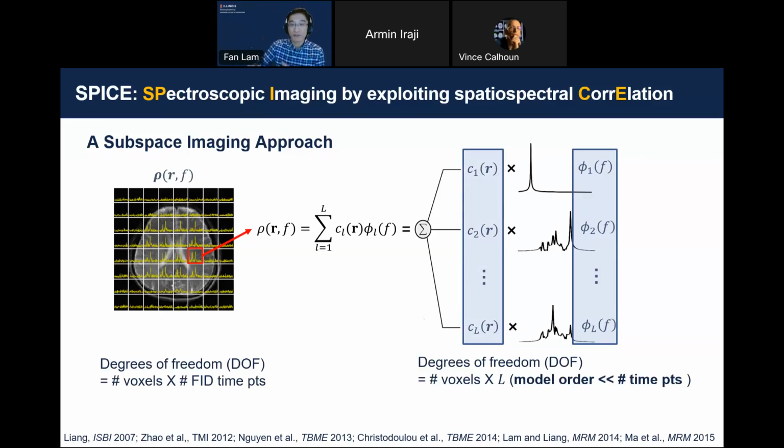This significantly reduced dimensionality allows us to rethink how we acquire and process data to break out of the traditional SNR, speed, and resolution trade-off faced by the conventional Fourier imaging paradigm.